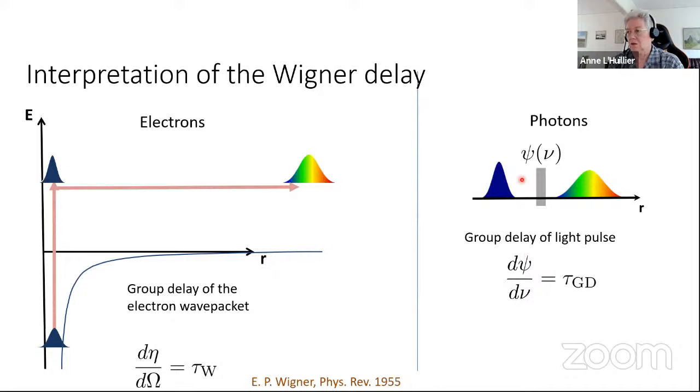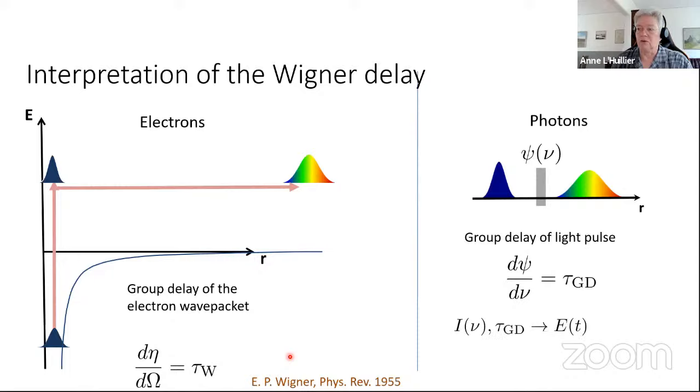In the optics case, it's propagation through a material, and in the atomic physics case, it's propagation in the potential, leading to a group delay equal to the derivative of the scattering phase in the case of one channel. And again, this delay was already introduced by Wigner in 1955.